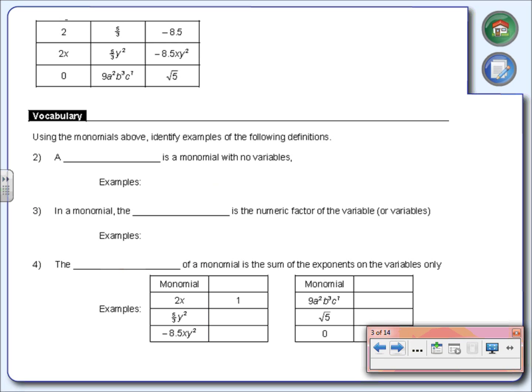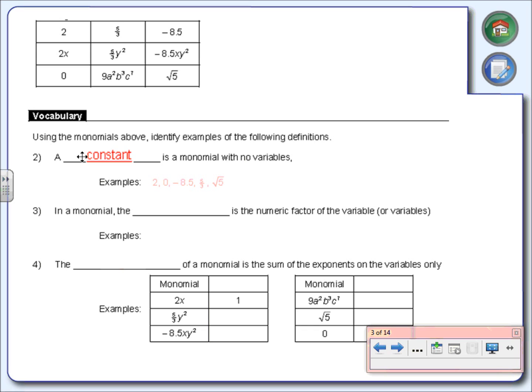A number with no letters. Right? Constant. There we go. That is correct. We call that a constant. Anytime we have a number with no variable on it, we call that a constant. So you got a couple of examples of constants up here at the top. We're going to write some of those down.